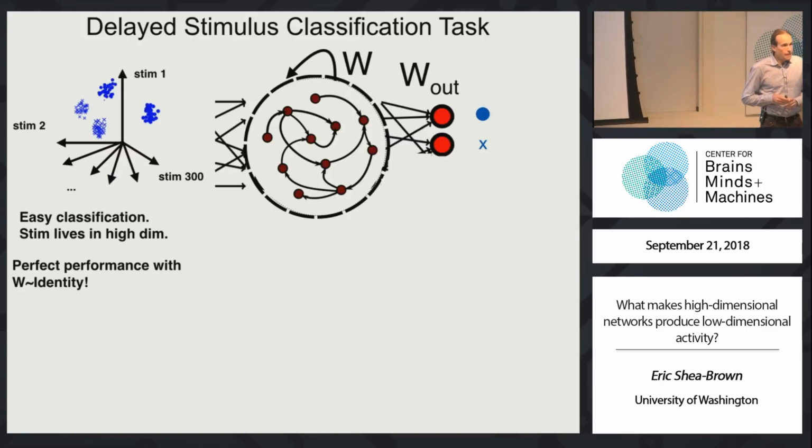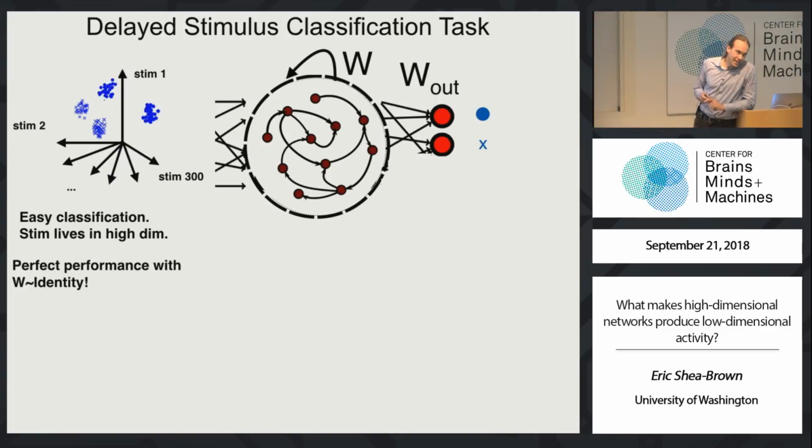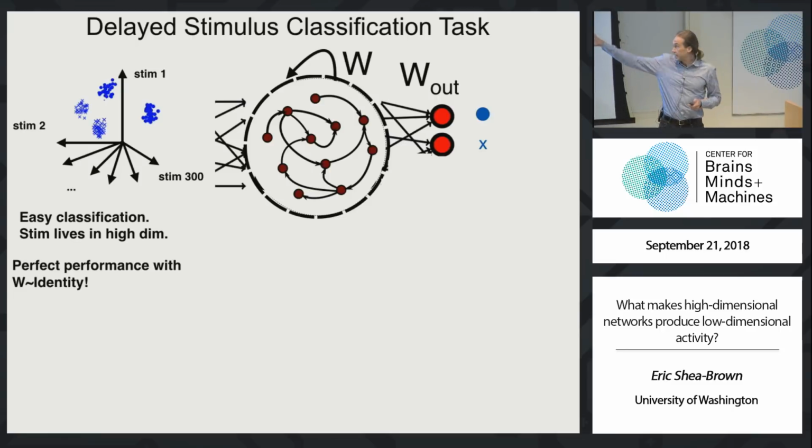Yes, please. So with this type of recurrent network dynamics, it's a good point. The dynamics are H, the activity at the hidden layer, the activity in all the units at the next time step, are F of W times H at the previous time step.